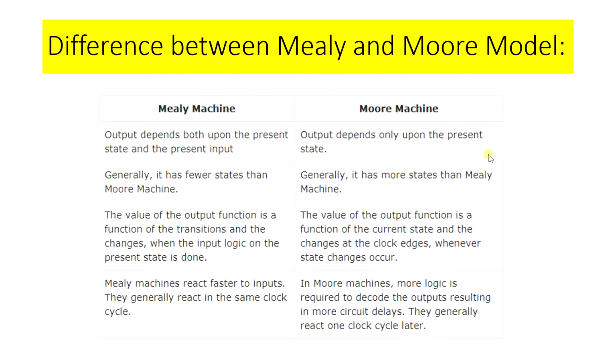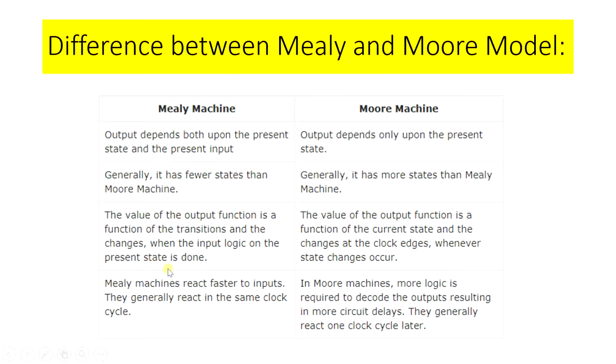Now, to conclude with the difference between the Mealy and the Moore model, from what we have understood in the block diagram, we can say that the Mealy machine will have the output depend upon the present state and the present input. In the Moore machine, the output will depend only on the present state. The Mealy machine has fewer states than the Moore machine, whereas the Moore machine has more states than the Mealy machine.